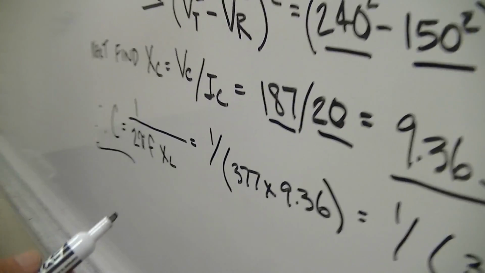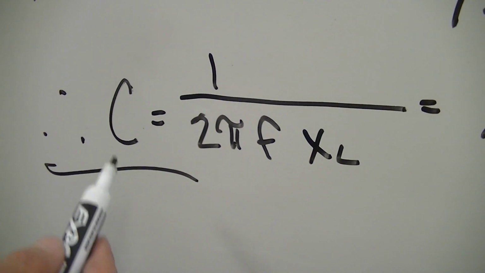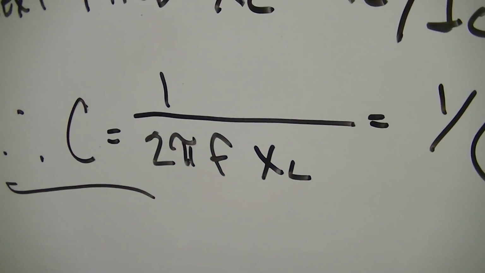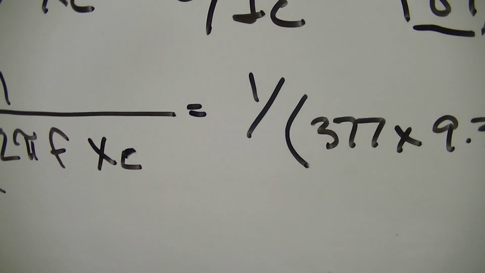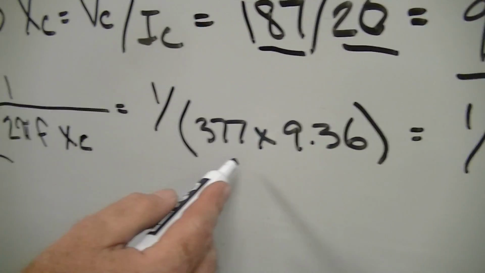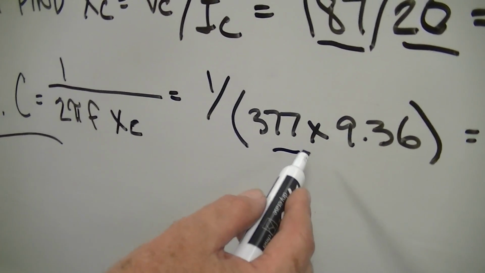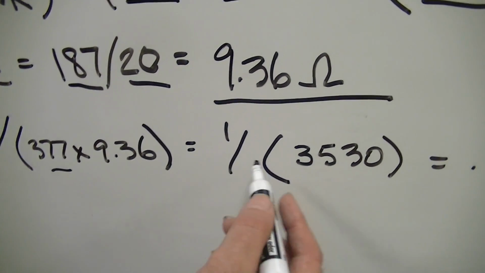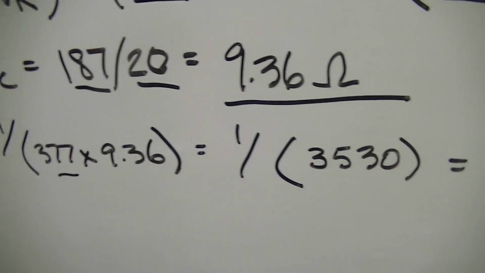But now I've got the information I need to do my final calculation, and that is the fact that the capacitance is equal to 1 divided by 2 pi frequency times X sub C. Make sure that you don't get that wrong. So now I've got, again, 377 because it is at 60 hertz, and that was a given, times 9.36 that I just calculated, and it comes out to 1 over 3,530.